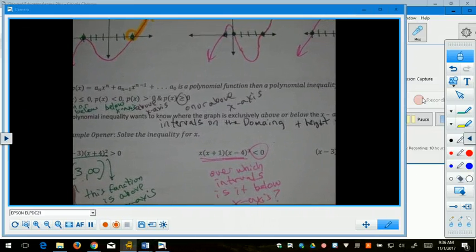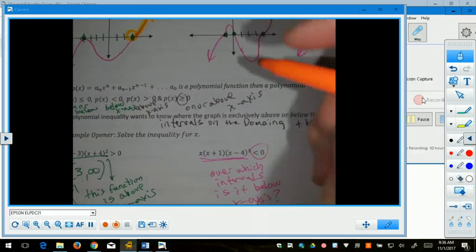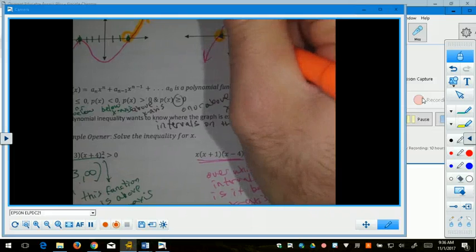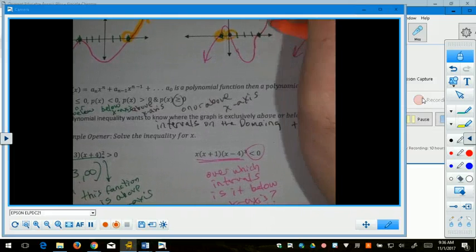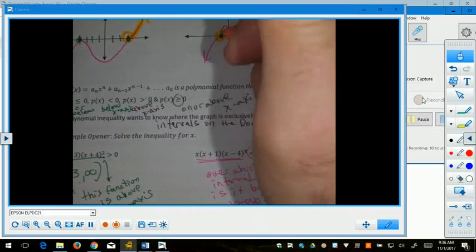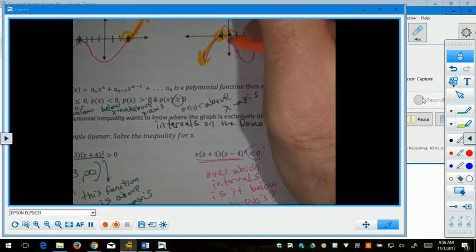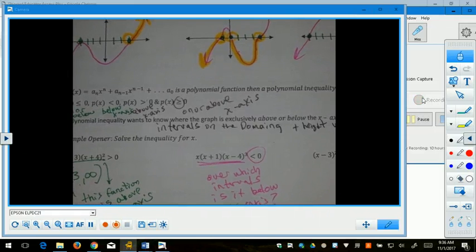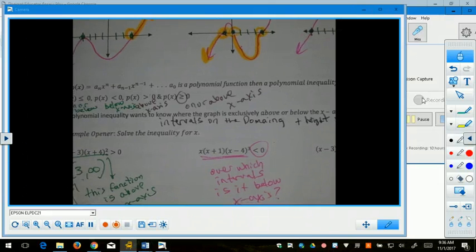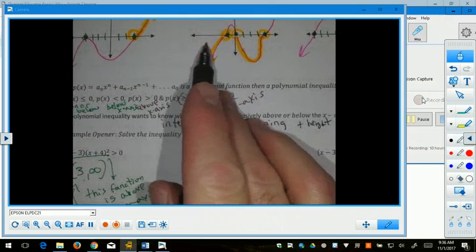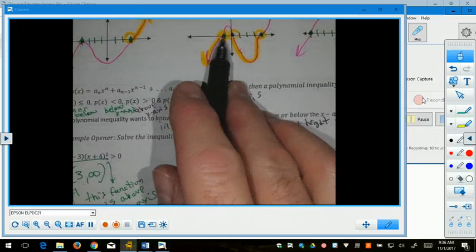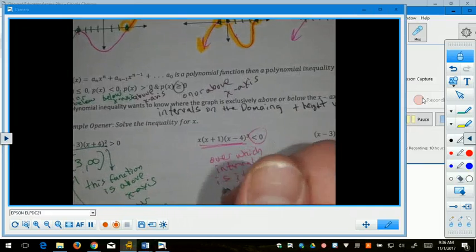So we look at our graph and we say, oh, you want to know where it's below? Well, here it's exactly 0, and I don't want the 0, so I'm going to put an open circle. Here it's exactly 0, so I don't want 0, there's an open circle. Here it's exactly 0. Here is where it's below, and over here is where it's below. So I'm going to have a couple intervals. I'm going to have an interval for every number to the left of -1, so that's negative infinity up to, but not including -1.